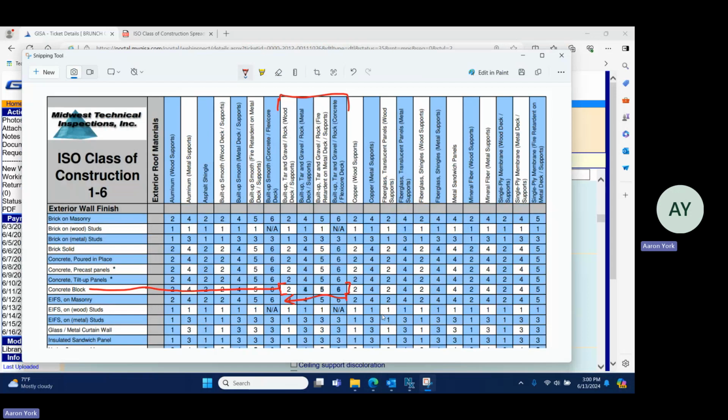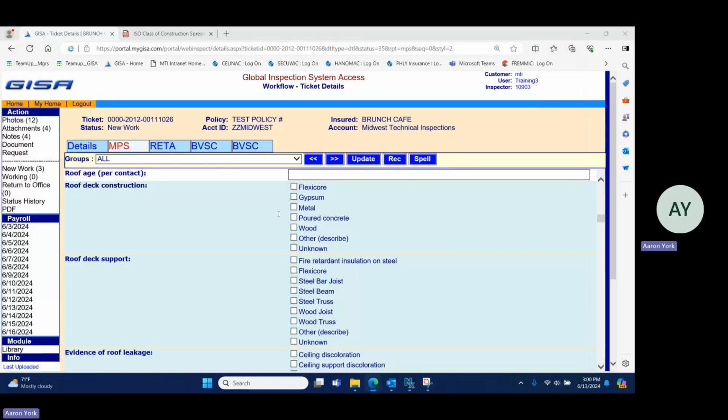Even though we could not confirm it visually during the inspection, you still would rate it as a class 2 building due to our inability to give validity to it being a higher rated class number than that. So we put that data in the report. Going into the valuation side here in a second and show how this kind of plays together.